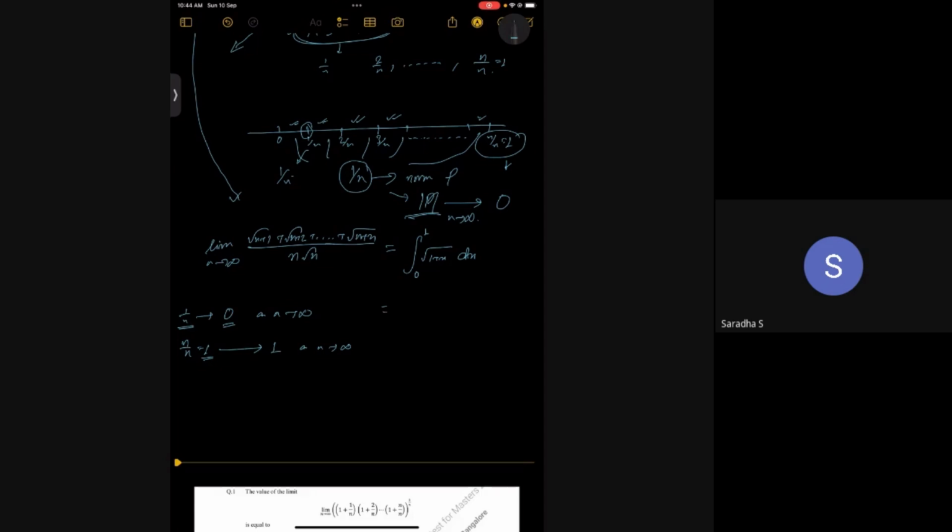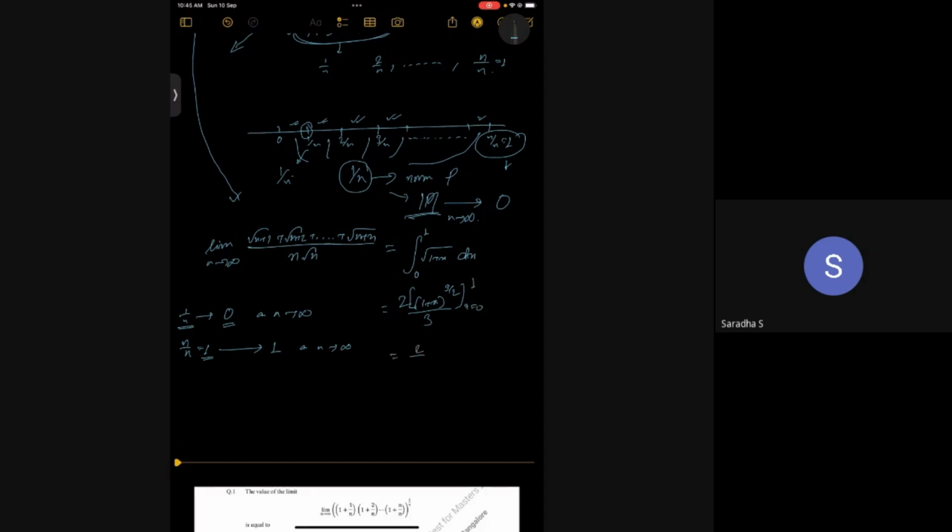You don't have to integrate by parts, you just have to use this formula: the integral of (1 plus x) to the half equals (1 plus x) to the 3 by 2, divided by 3 by 2, from 0 to 1.